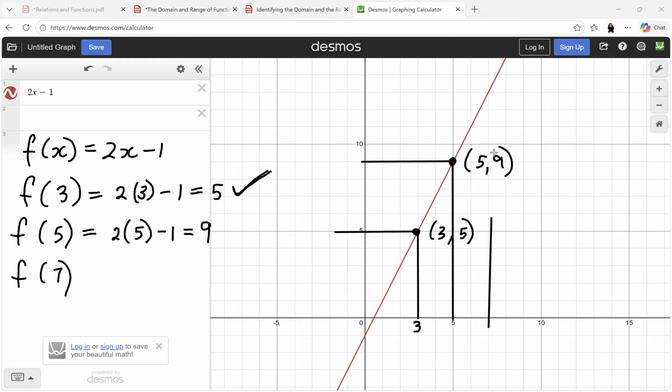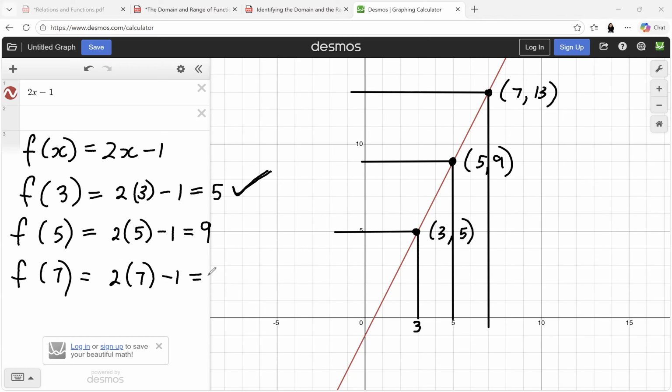This is when x is equal to 7, and this is where it corresponds. That's the point. And that point, as Isabel correctly said, is (7, 13). Algebraically now, Isabel. It'll be 2 by 7 minus 1, and that'll equal 13.